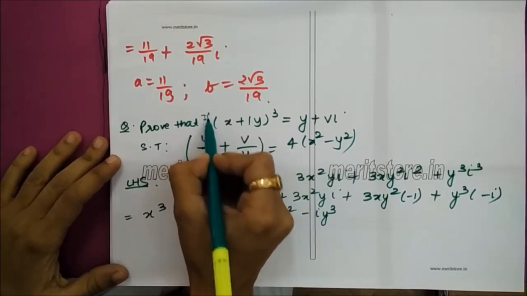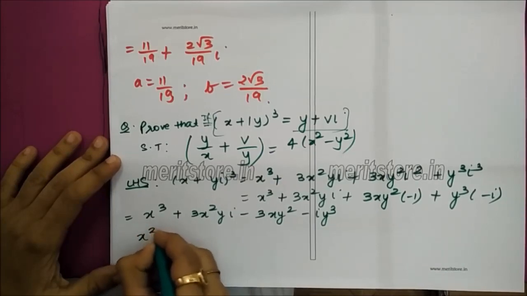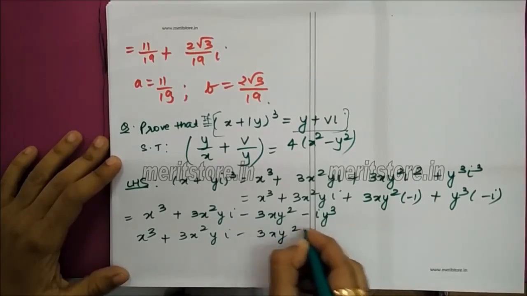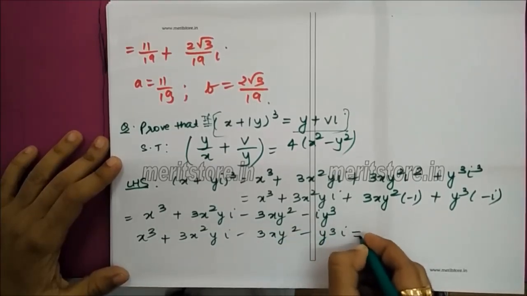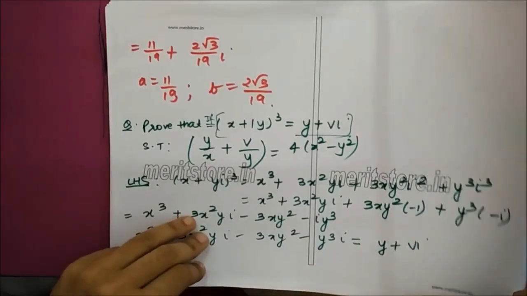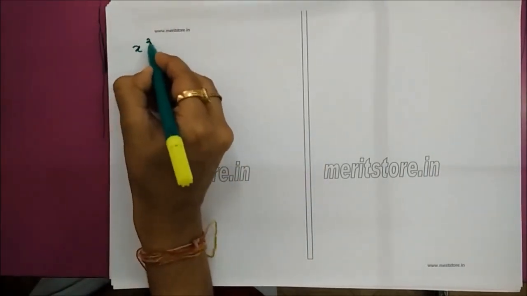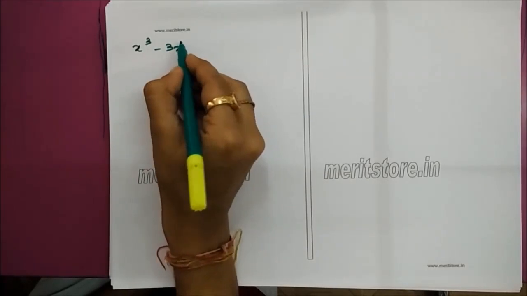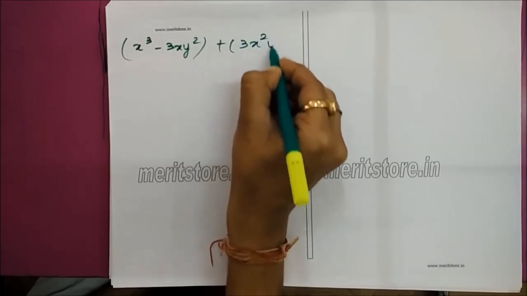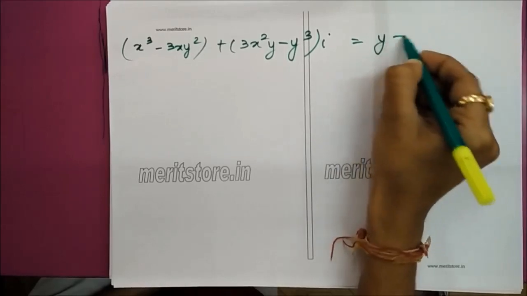Now here, if this is the given condition, I would equate x³ + 3x²y i − 3xy² − y³i is equal to a + bi. We will split the real part together and the imaginary part together. So x³ − 3xy² plus (3x²y − y³) i common is equal to a + bi.